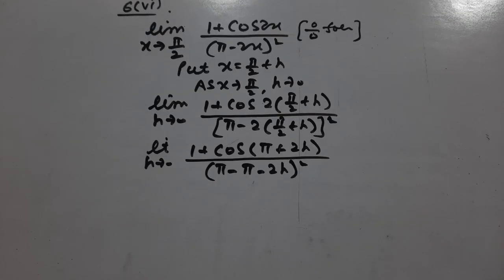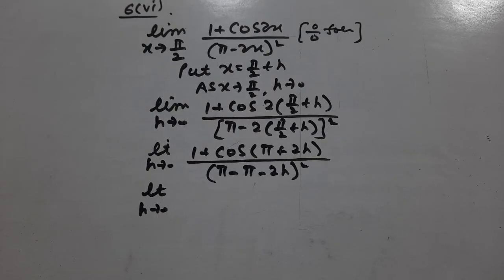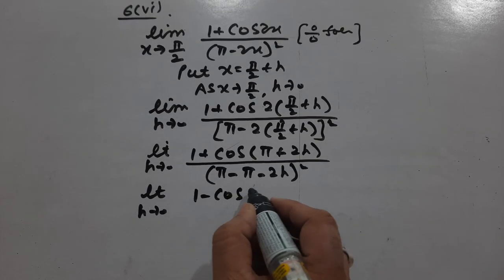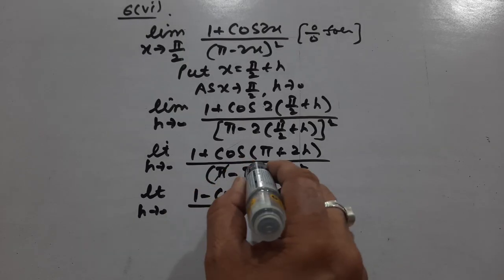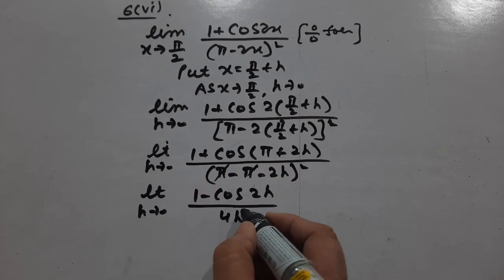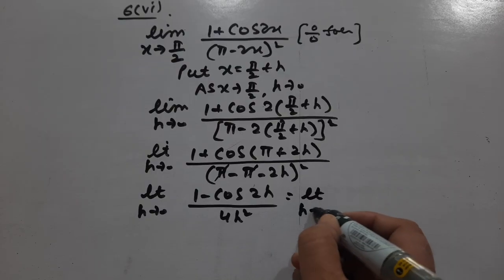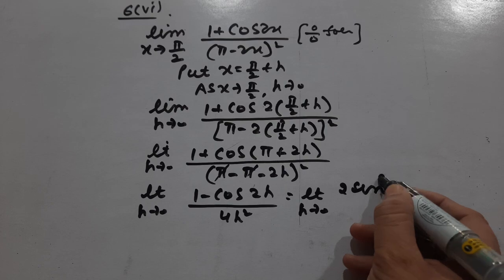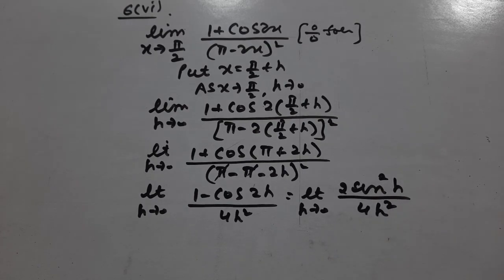Now limit h tends to 0, 1 plus cos pi plus 2h, it lies in third quadrant, so this is equal to 1 minus cos 2h, and cancel pi with pi. So here we get 4h square, right? So we get limit h tends to 0, 1 minus cos 2h, this is 2 sine square h upon 4h square.